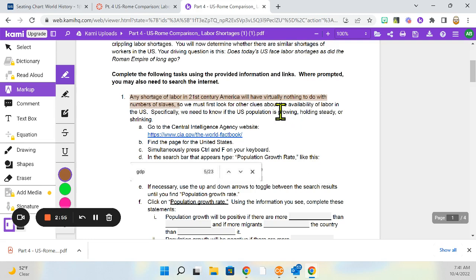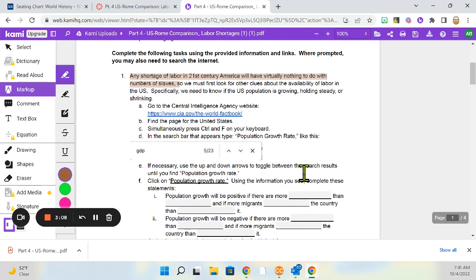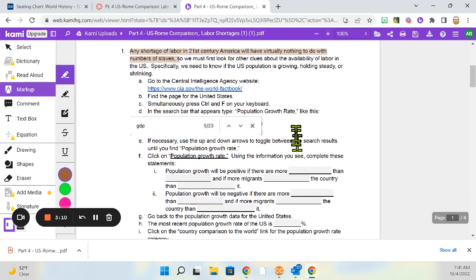So, if we're not going to be looking at slaves, we're going to look at availability of labor in the United States generally. And your first starting place for that is going to be the U.S. population. So, you're going to search the population growth rate.